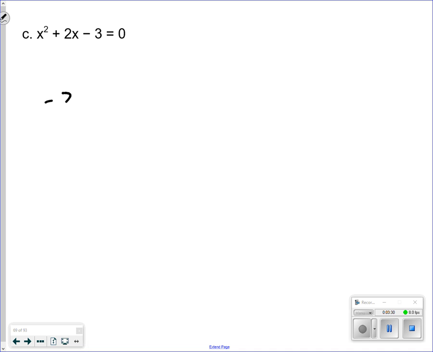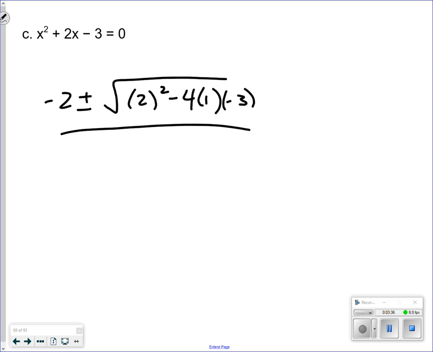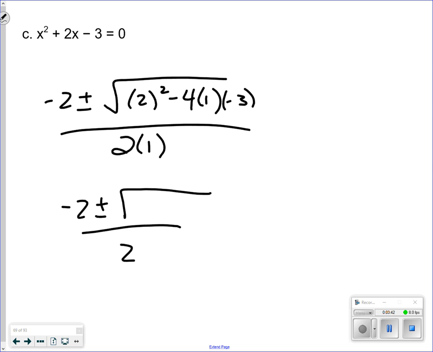Last one, negative b plus or minus the square root, b squared minus 4ac all over 2a. Again, the value under the square root, the b squared minus 4ac, you end up getting 2 squared minus 4 times 1 times negative 3 is 16. So that is your discriminant.